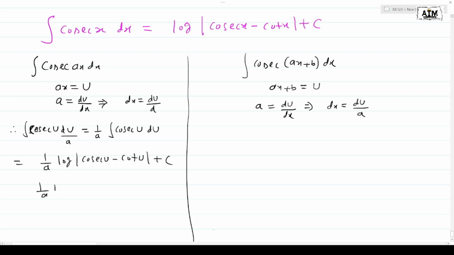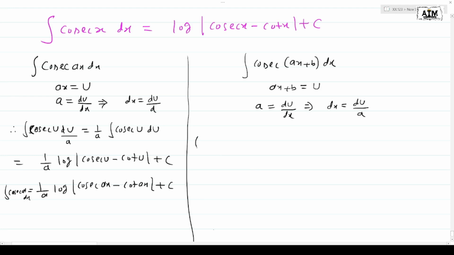So 1 upon a log modulus, in place of u write ax, so cosec ax minus cot ax modulus close plus c. This is the integration of cosec ax with respect to x.